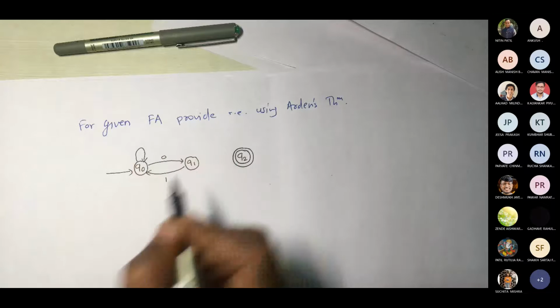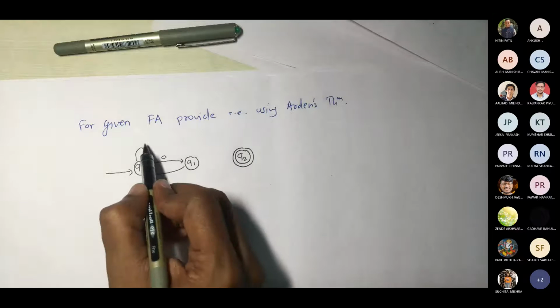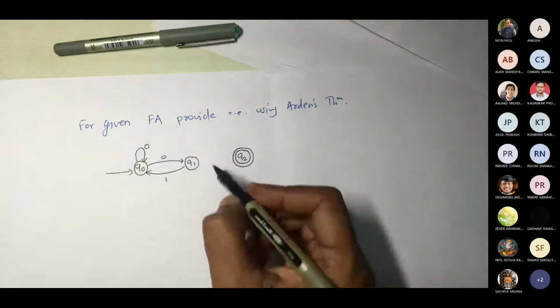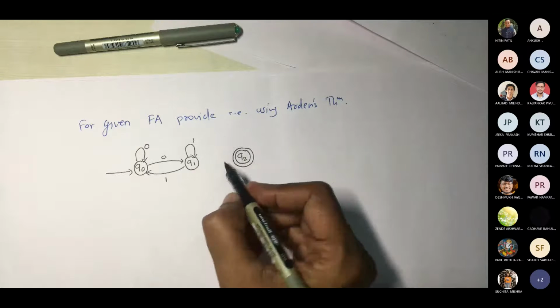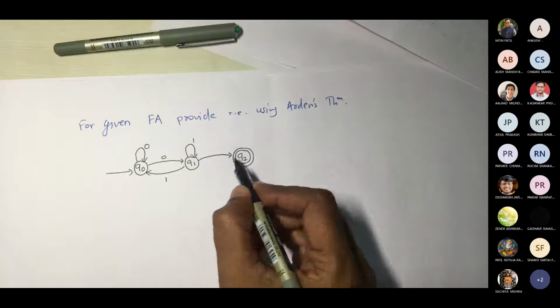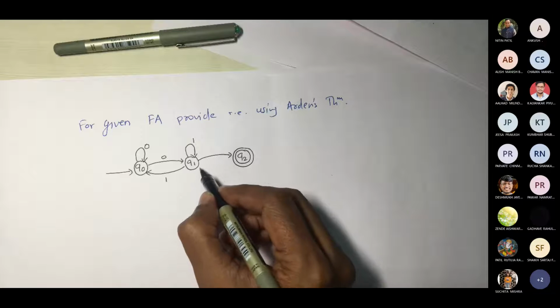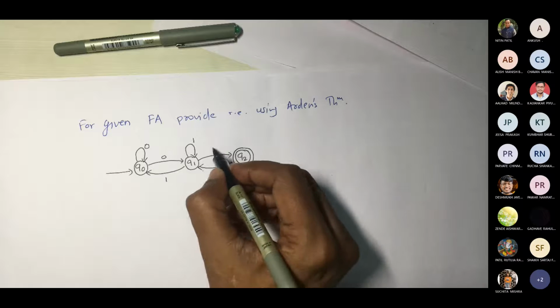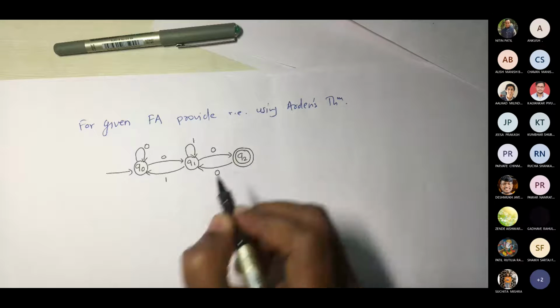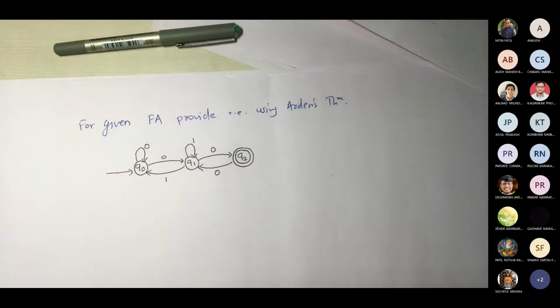There is a transition with 0, there will be a transition with 1, and there is a transition with 0, 0. Now if you see, as per the conditions, we don't have any epsilon transition over here, correct? So we can definitely proceed further.